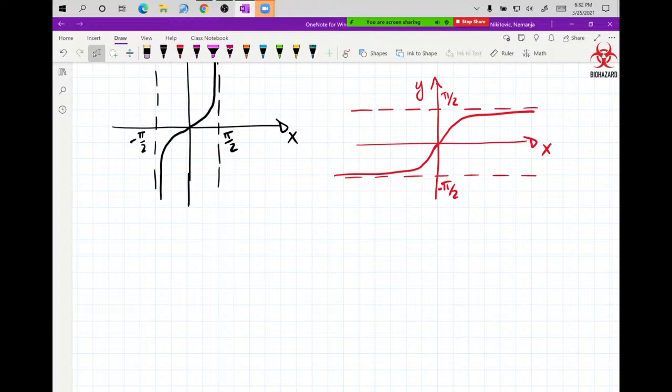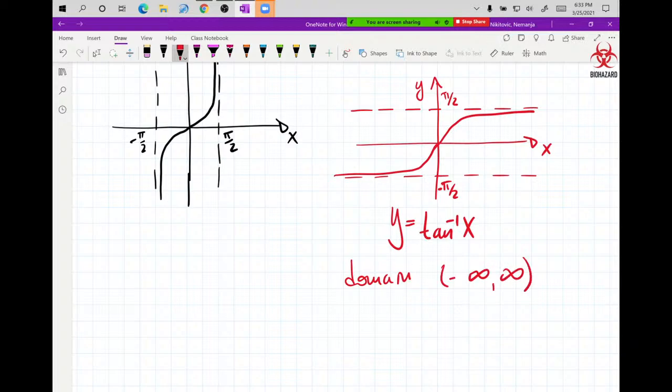So there is at the back of the book, you have all of this. But anyway, observe my domain for inverse tangent. So this is y equals inverse tangent of x. And we have the domain to be all real numbers, and the range to be from not inclusive negative pi over 2 to pi over 2.